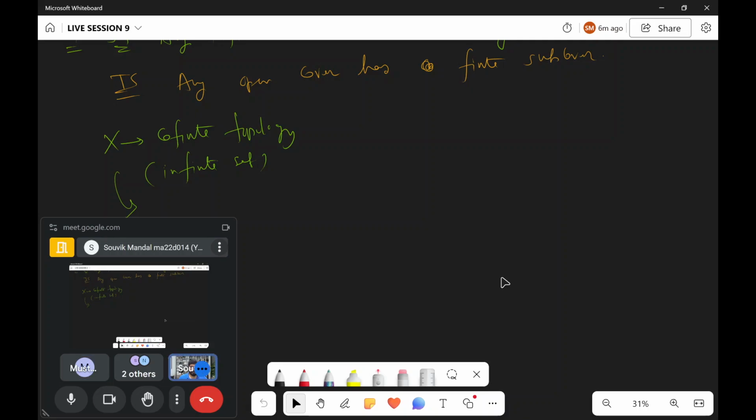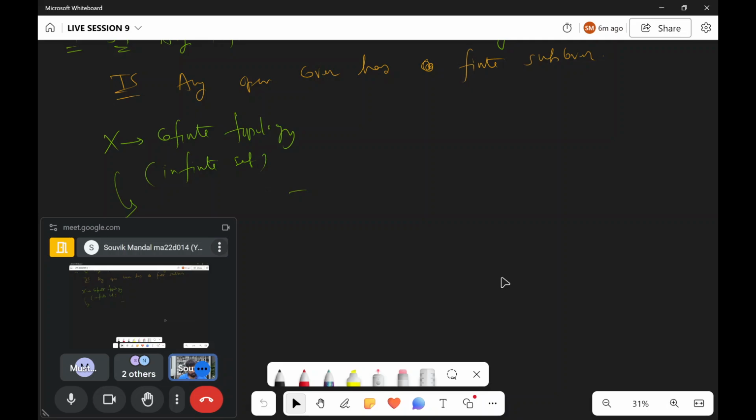For each element in X minus A0, choose an element of A containing it. This results in a finite subcollection of A that still covers X. Yeah, very good, Mustaq. Very good.